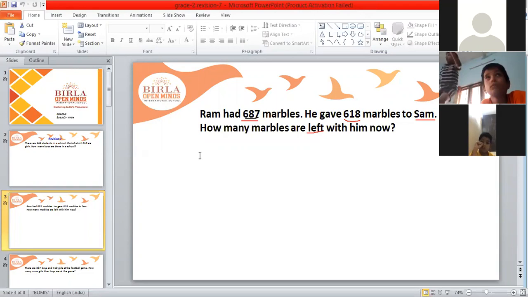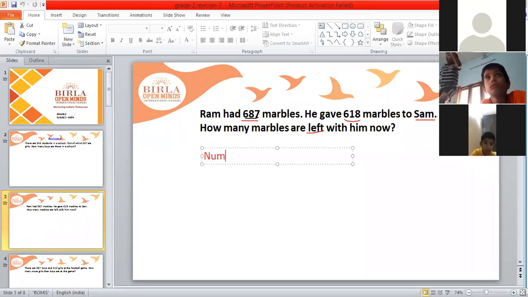So we'll be writing that statement. And remember one thing, children, whenever you are subtracting two numbers, always write the biggest number first. When you are arranging those numbers in ones, tens and hundreds column, you will write the biggest number first, right? So after writing this question, leave one line and then write the statement.